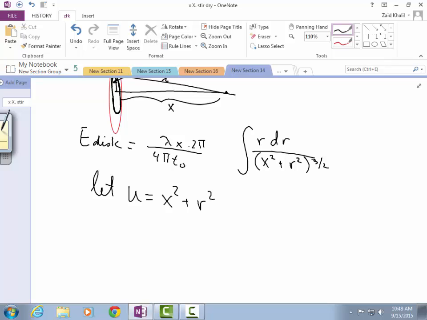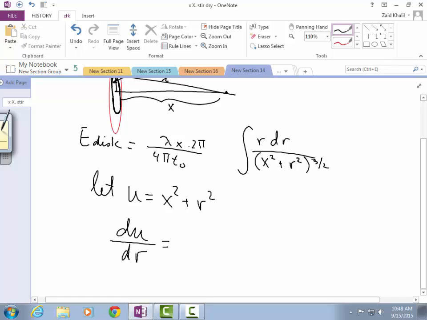Now, du dr is equal to? Yes. What is it? Be careful. 2r. So therefore, dr is equal to du over 2r.